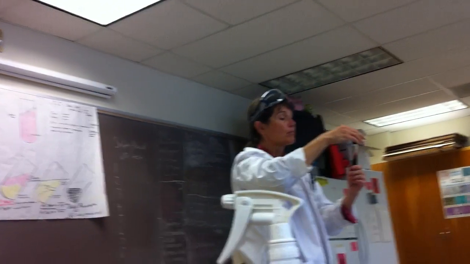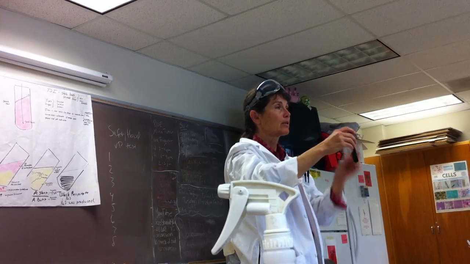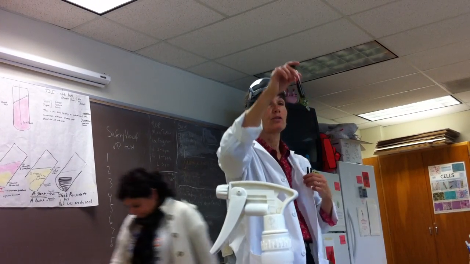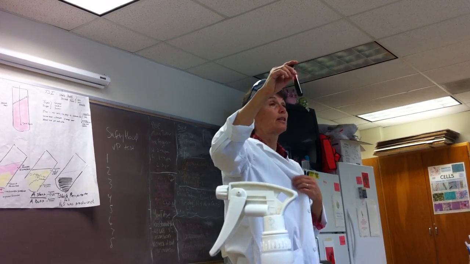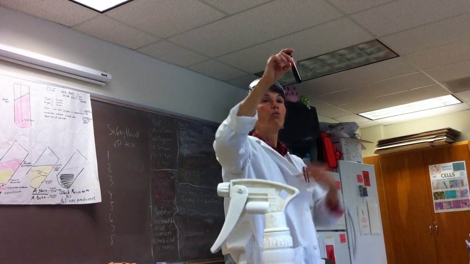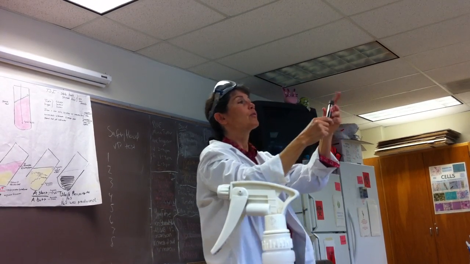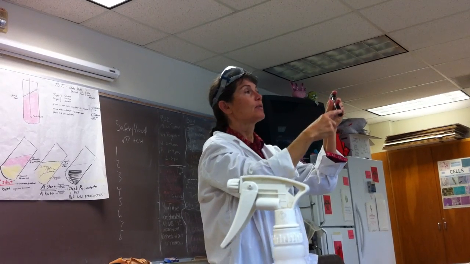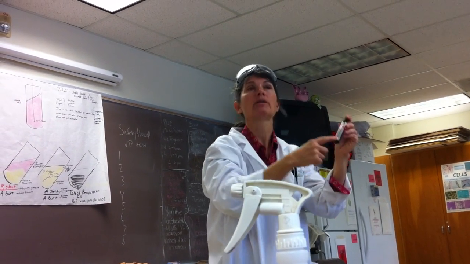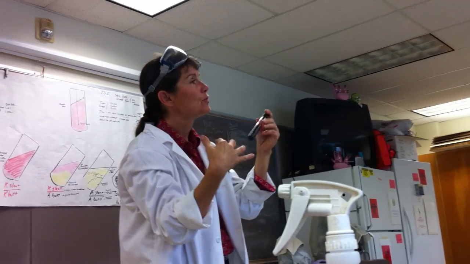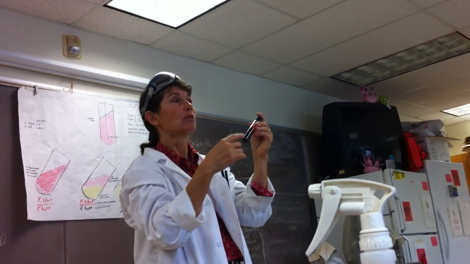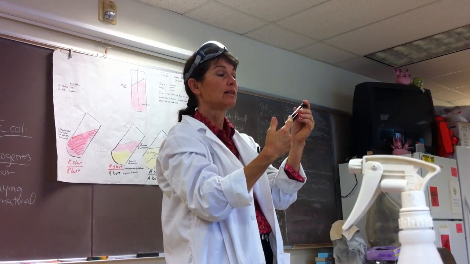Okay, another possible question, you guys, on the lab practical. Can you describe two ways your microbes can make hydrogen sulfide? Why did we stab the butts? What was one reason we stabbed the butts? To get them to grow anaerobically, right? So, do you know of a way that microbes can anaerobically produce hydrogen sulfide?